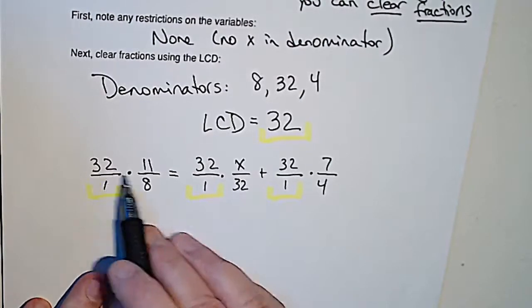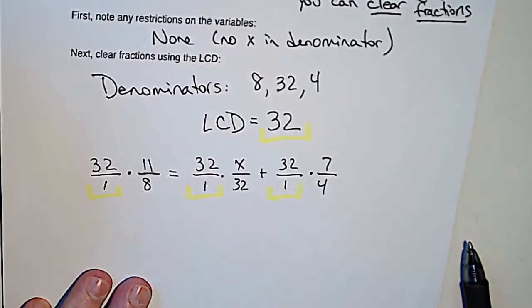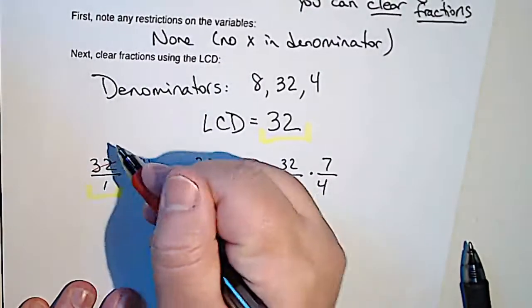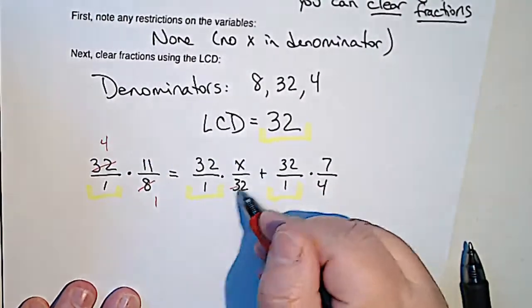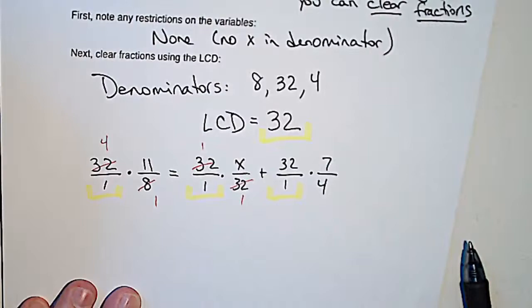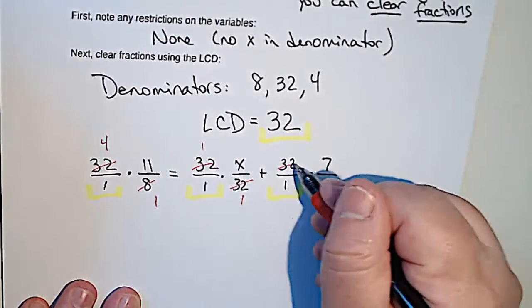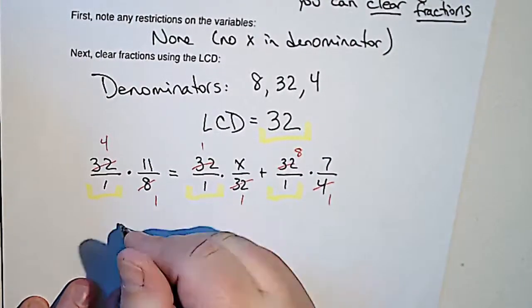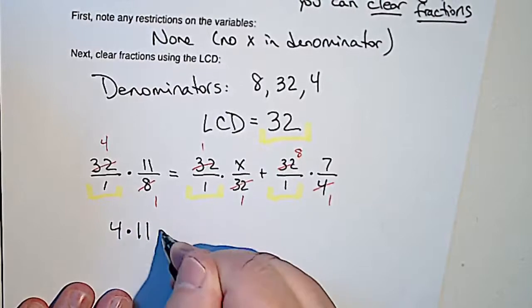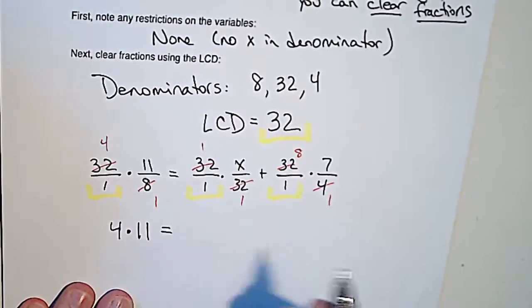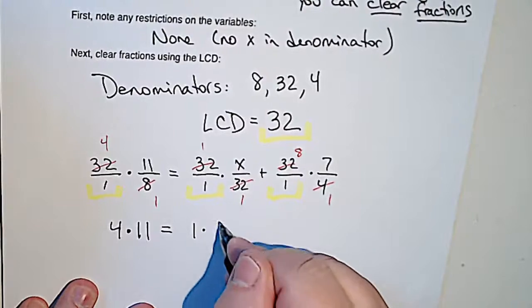So Godzilla 32 is going to come through and is going to smash the 8, smash, and leave 4. It's going to smash the 32 and leave nothing. And it's going to smash the 4 and leave an 8. So when the smoke clears, I've got 4 times 11. I've got 1 times x.